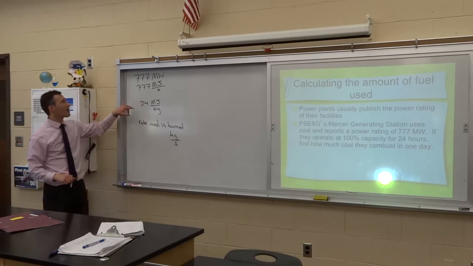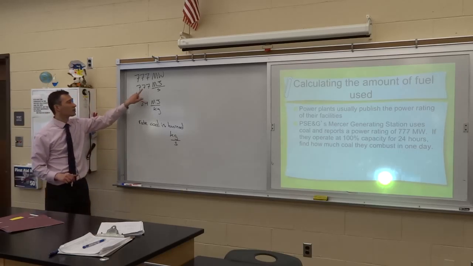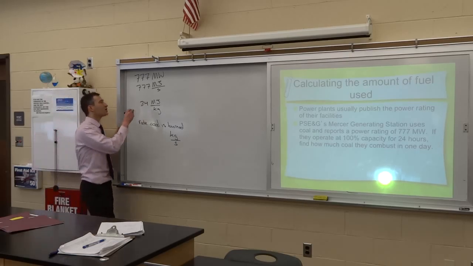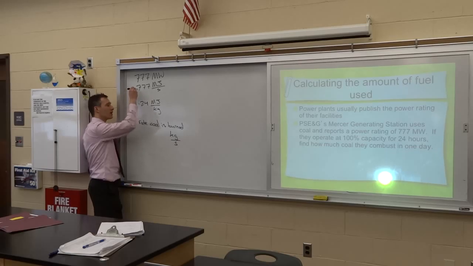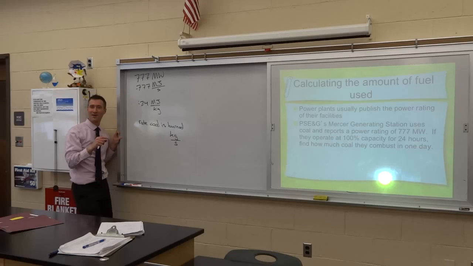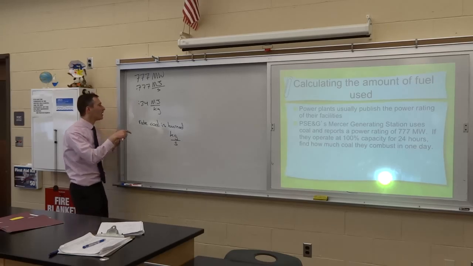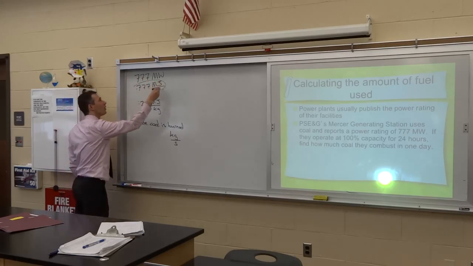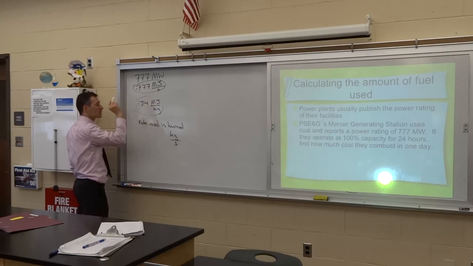So I have one quantity that's megajoules per second, another quantity that's megajoules per kilogram. So I ought to be able to somehow combine these two things to end up with kilograms per second. Does this look familiar? Yeah, from the test question with the fusing. So what do I need to do? I think I'm going to need to take this one and divide it by this one. Let's see if that works.